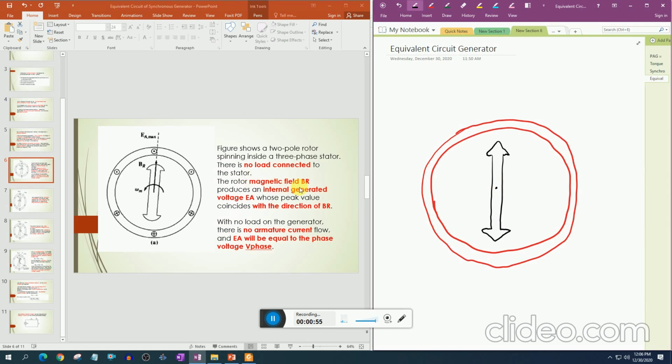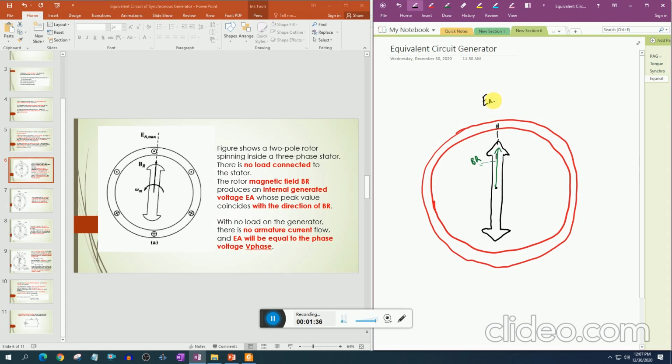The rotor magnetic field BR produces an internal generated voltage EA in the stator winding, whose peak value coincides with the direction of BR. If the BR direction is this, then the peak value of EA occurs at this point.